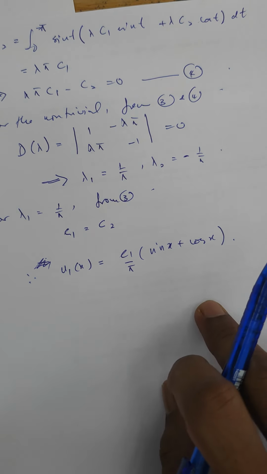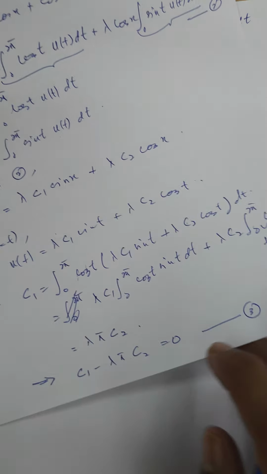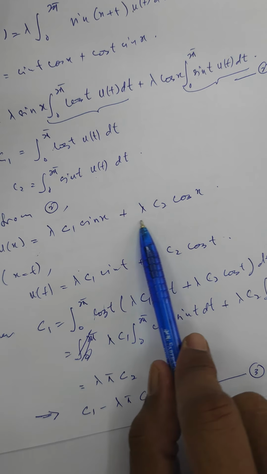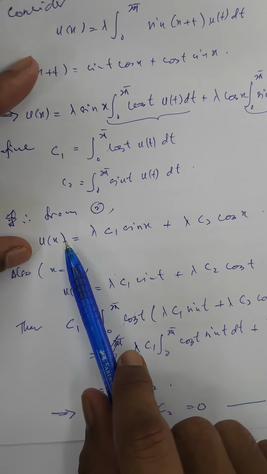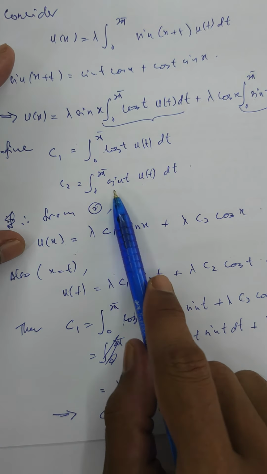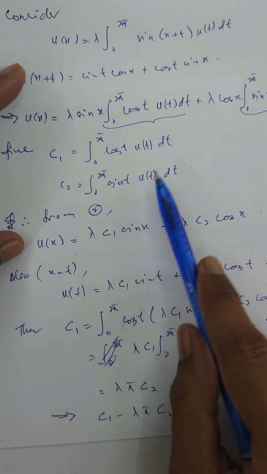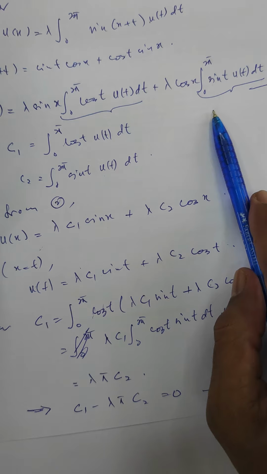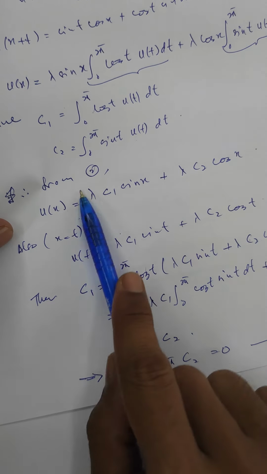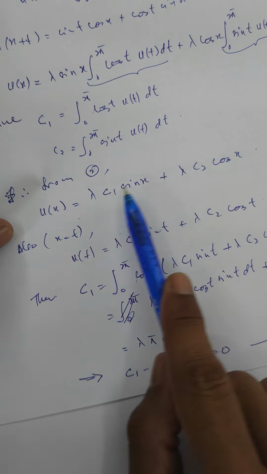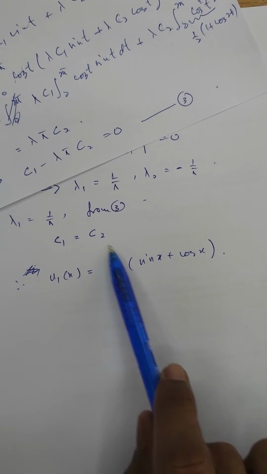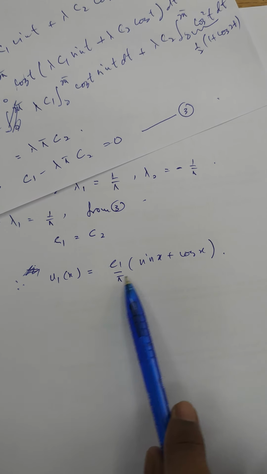We obtain this from this equation here, right? Because we substitute C1 and C2 into equation number 2, then we have this, and we find C1 and C2, then we obtain U1 as that.